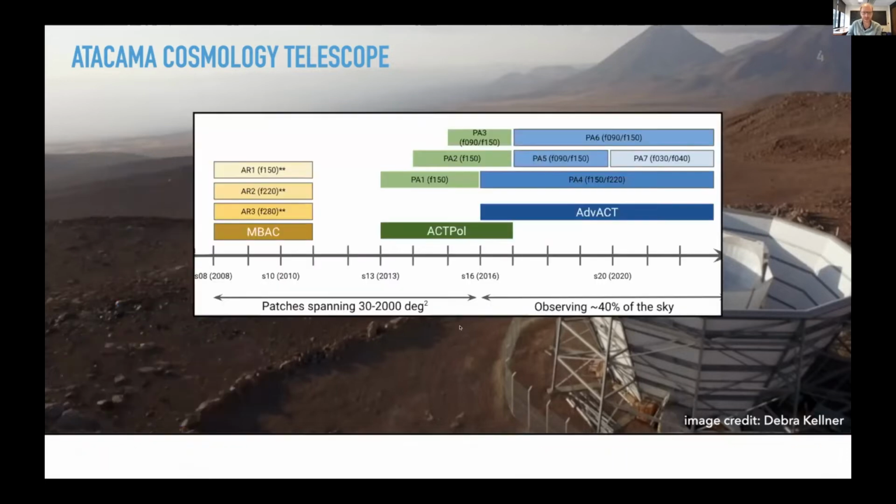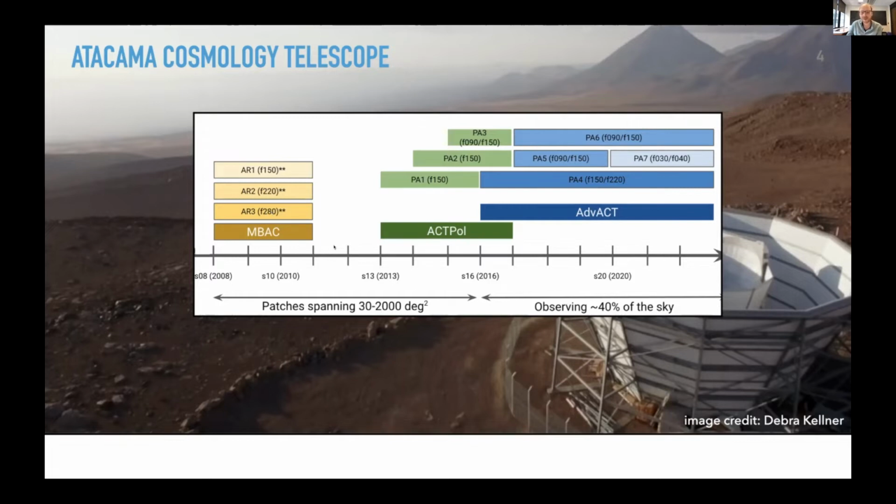So here is a timeline of the ACT observations. These started in 2008. And what you see here are different iterations of ACT. You can think of them as different cameras that are placed in the telescope. So this started in 2008 with these 3 detector arrays that actually were not sensitive to polarization.